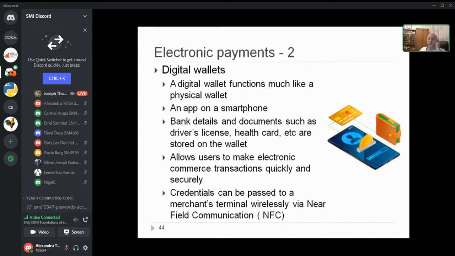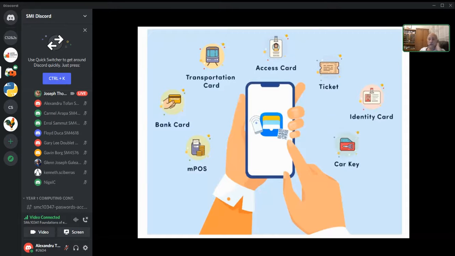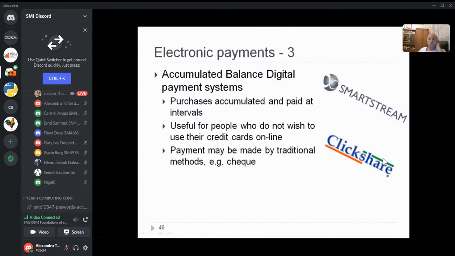And credentials are passed to a merchant's terminal using near field communication, NFC. You don't need to put a card into a reader, but with near field communication the transaction is authenticated immediately. So this is the way that a digital wallet will have all the details on your smartphone.